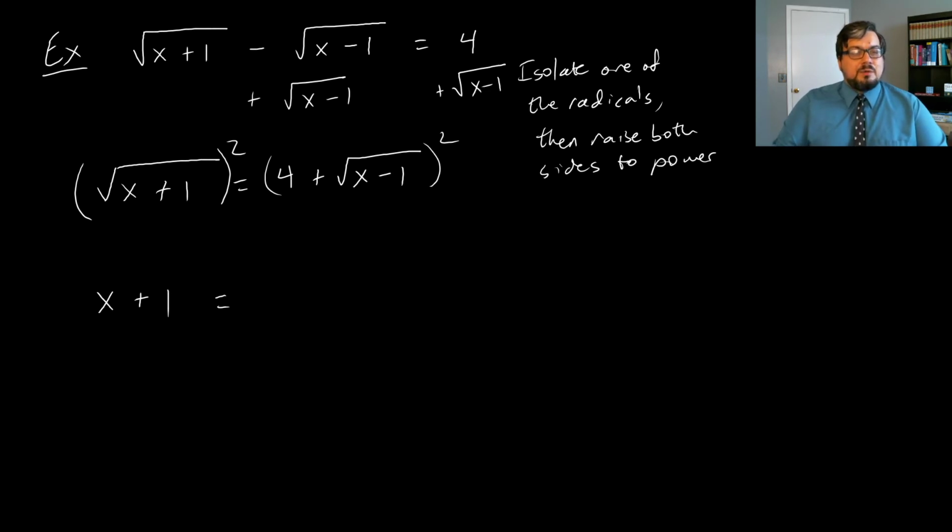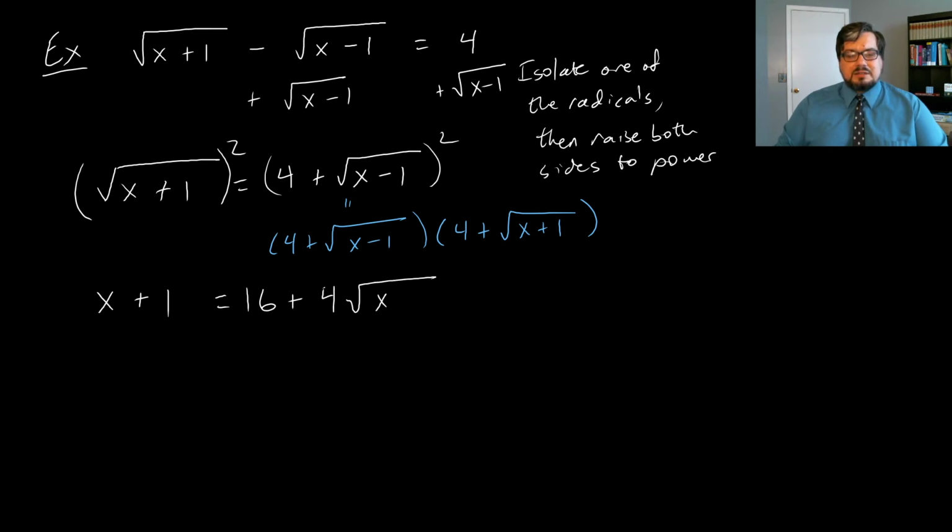On the right, though, we've got some work to do because this is 4 plus the square root of x minus 1 times 4 plus the square root of x minus 1, and we have to distribute all of that out. So 4 times 4 is 16, and then we get 4 times the square root of x minus 1 plus 4 times the square root of x minus 1.